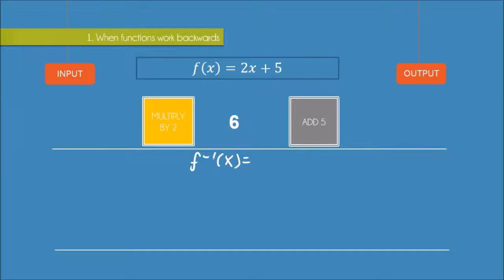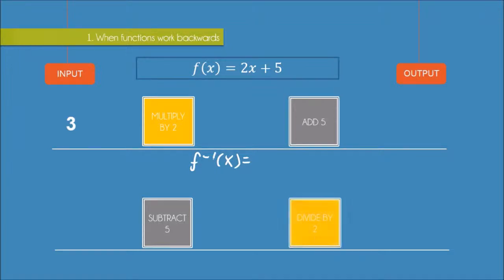In other words, the first thing we do when we go backwards is we subtract 5. Now the 6 gets passed backwards through the yellow box, so we will end up with what we had before we multiplied by 2, which of course is our initial input of 3. So what we're doing at that stage is we are dividing by 2.